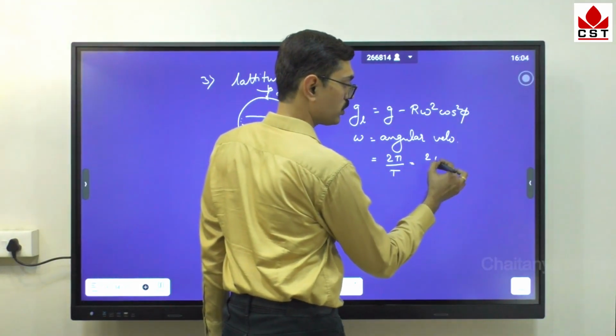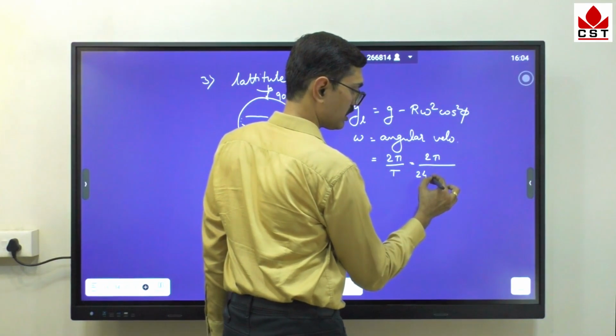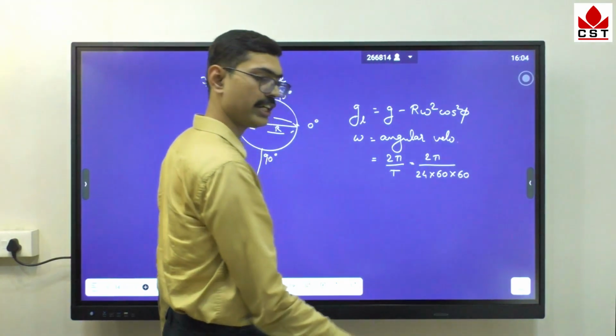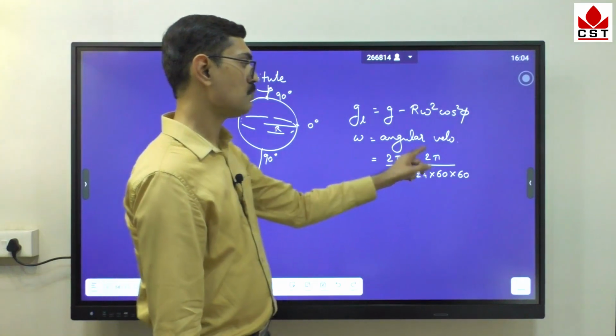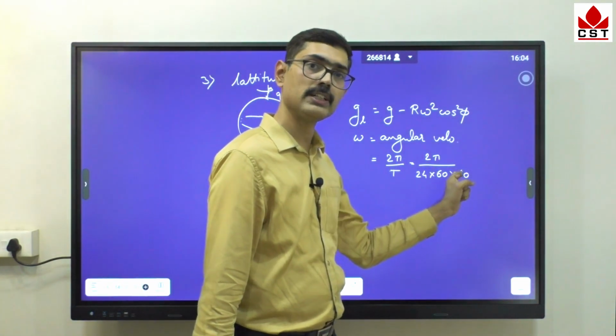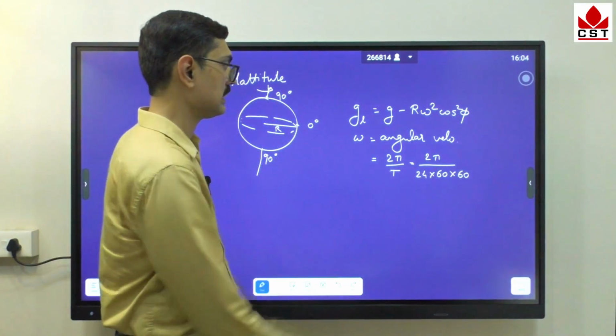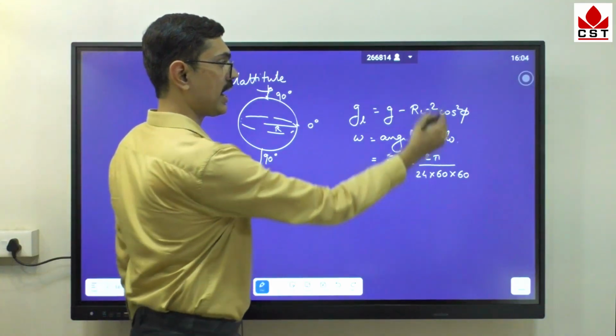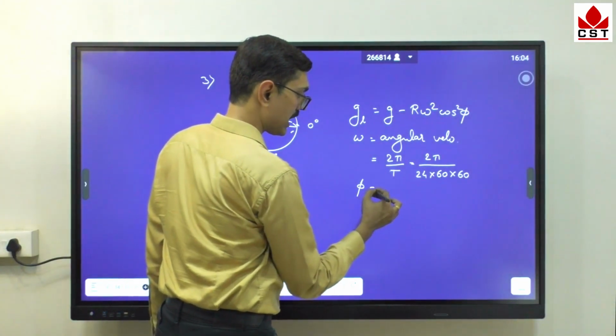So this is actually 2 pi by 24 into 60 into 60, converted into seconds. Radian per second is the unit of angular velocity, and phi is our latitude.